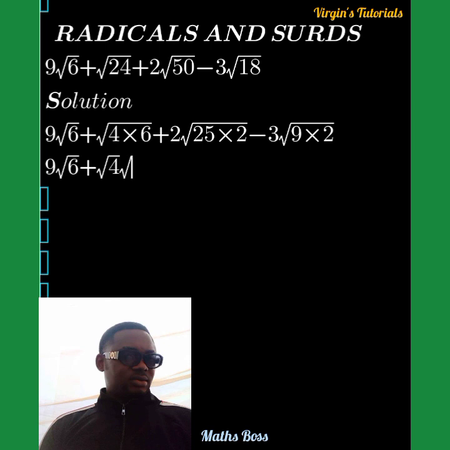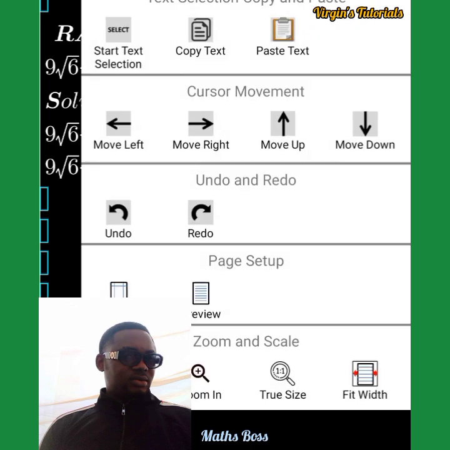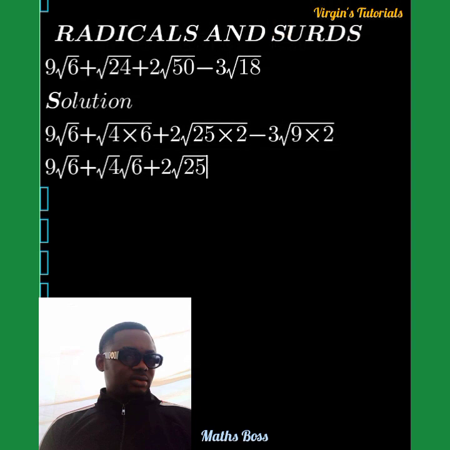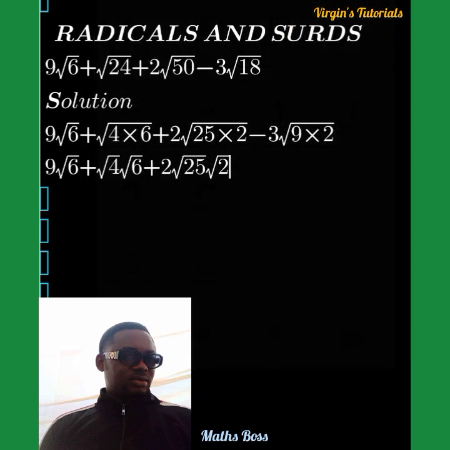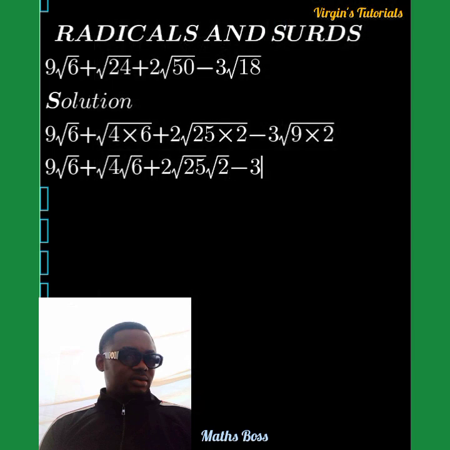And again, plus 2 square root of 25 times square root of 2. And again, minus 3 square root of 9 times square root of 2.